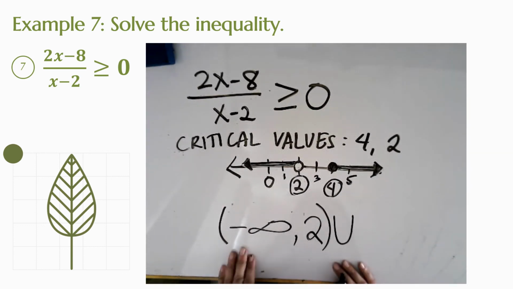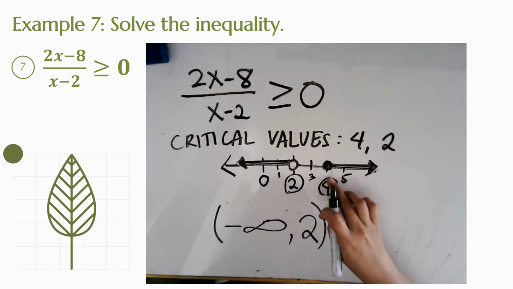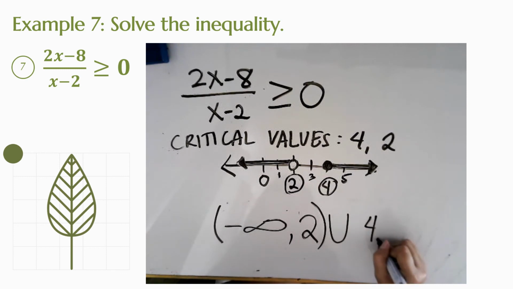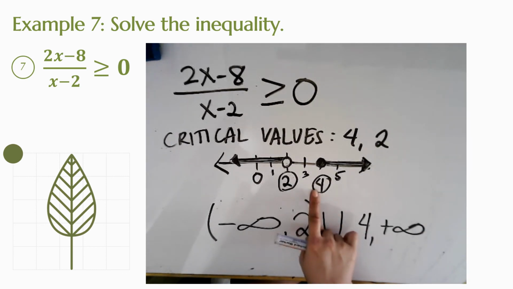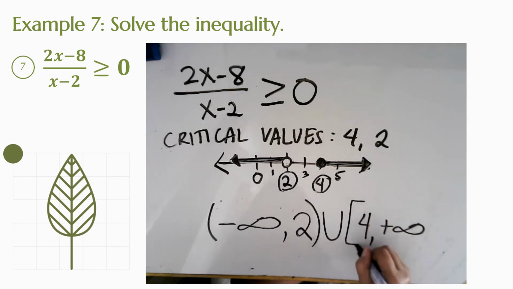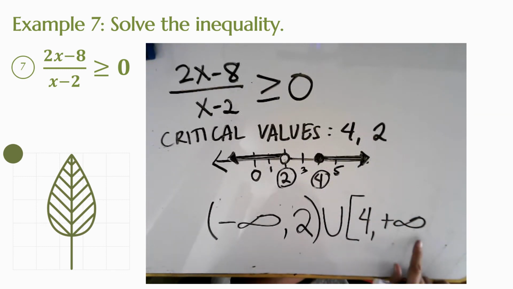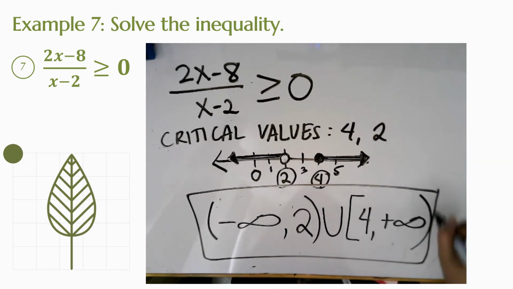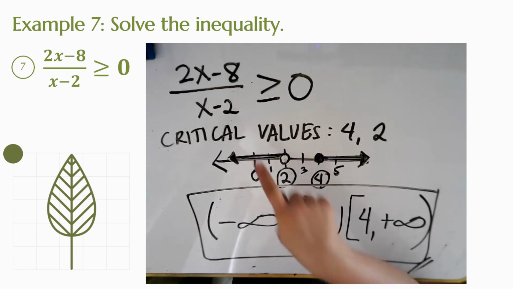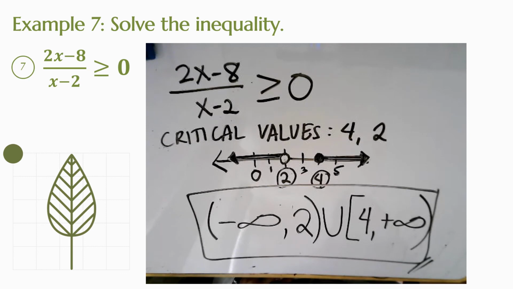Solutions are this area plus another area over here, which starts from 4 up to positive infinity. Now 4 is included, so instead of a parenthesis, we're going to use a bracket. And infinity is endless, so parentheses for that. That is the final solution for this rational inequality.